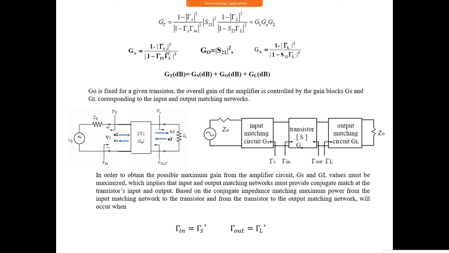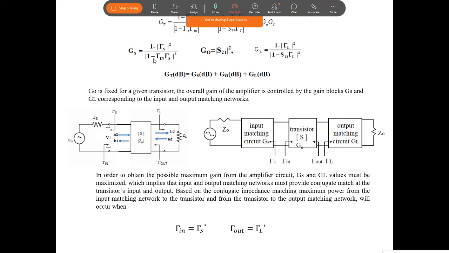So there are many combinations of real and imaginary parts, and all those values will give a gain equal to 2 dB. Are you getting it? Finally, the magnitude of GS remains equal to 2 dB.